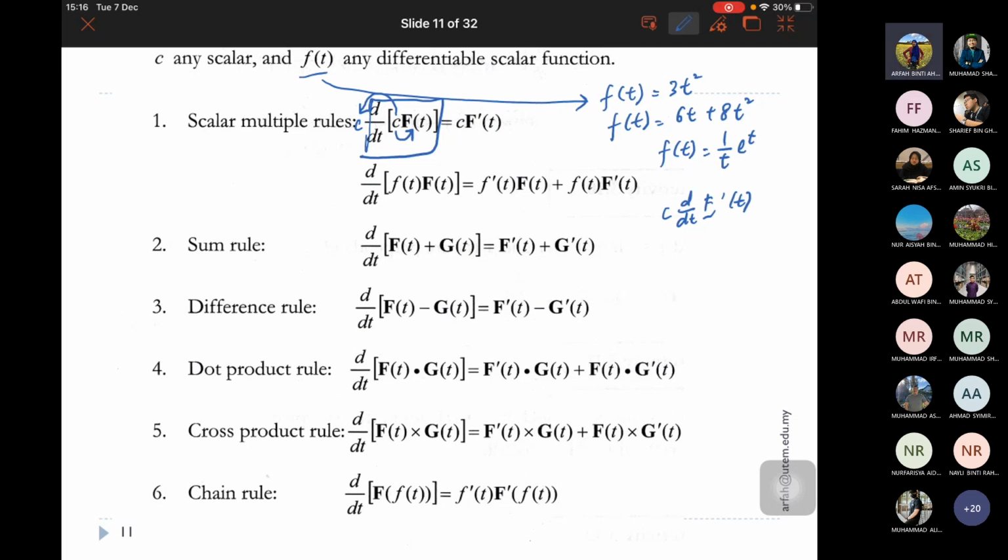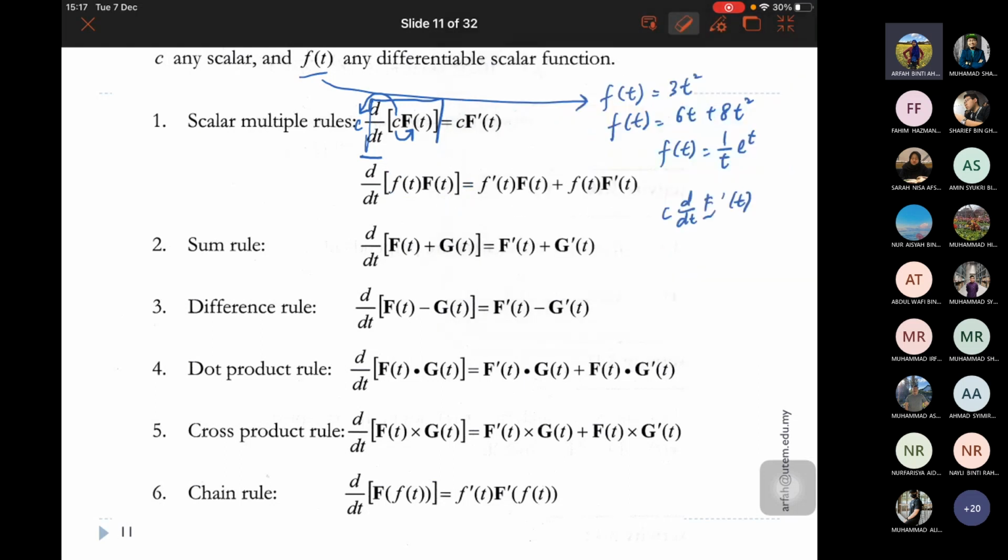So the next one, a scalar function f(t) darabkan dengan vector function, it will be equal to the derivative of the scalar function multiplied with the vector function, tambah the original scalar function multiplied with the derivative of the vector function. Okay. Atau boleh juga awak nak darabkan dalam ni, lepas tu dapatkan derivatif. Dia sama dengan. So either you use the one in the right hand side or the one in the left hand side.